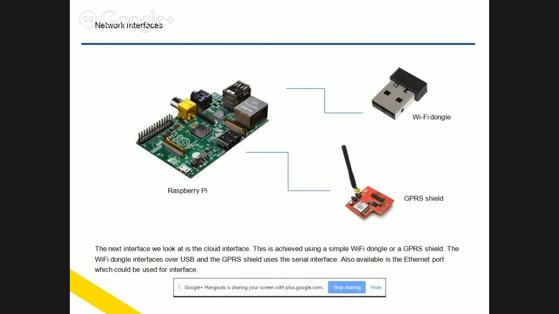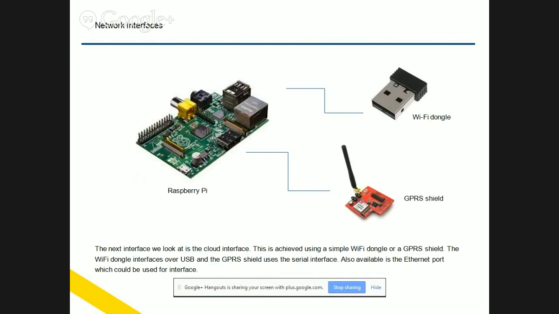Here we can use the different options available. You could use a simple Wi-Fi dongle, or you could use the Ethernet. There's an Ethernet port on this, or you could use a GPRS shield if you intend to use a 2G or a GPRS network. So you'll have options, you'll have a 3G shield or a 2G shield, which could be used accordingly.